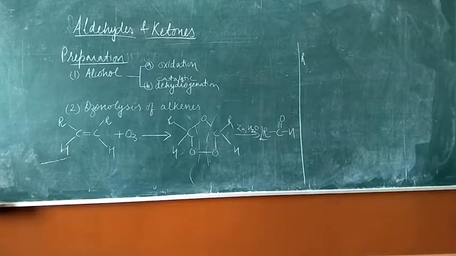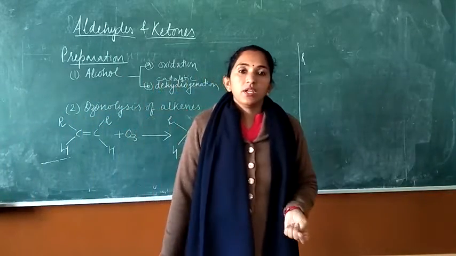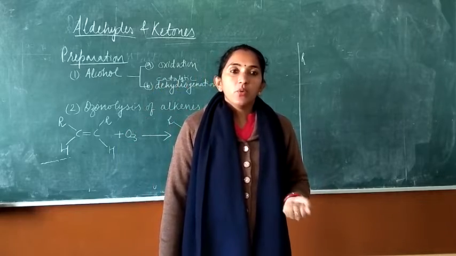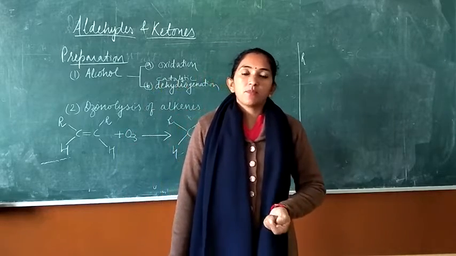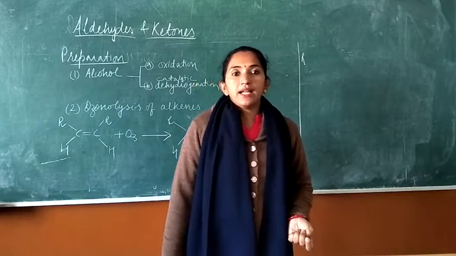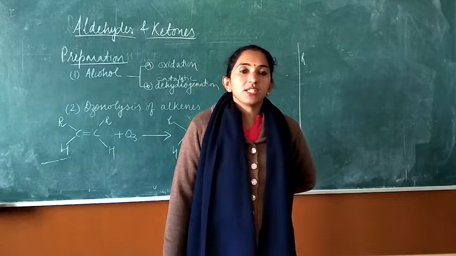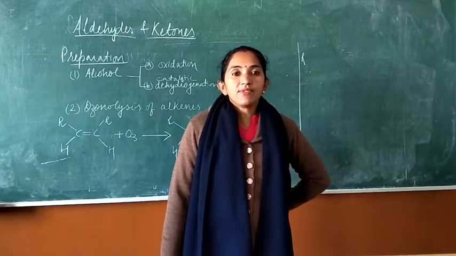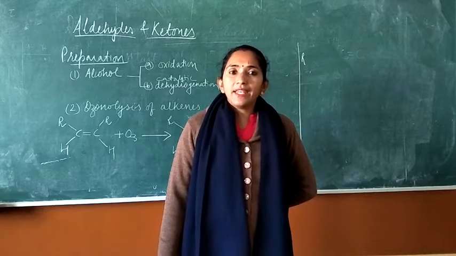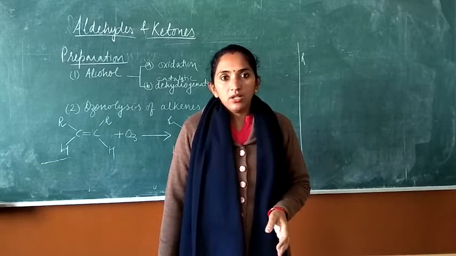Okay, now we are discussing the preparations of aldehydes and ketones. If we have to prepare both aldehyde and ketone, students, we can use alcohol. This we have discussed in the alcohol unit as a property of alcohol. You know that alcohol undergoes oxidation in the presence of acidified potassium dichromate or alkaline KMnO4, and it gets converted into the aldehyde if it is a primary alcohol, right?